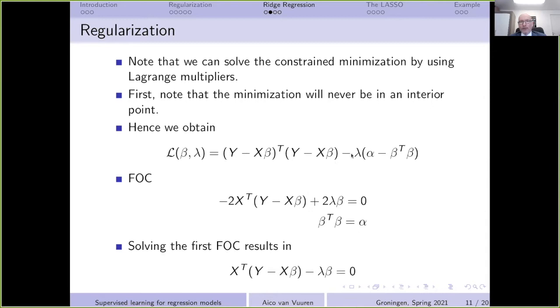But we still have to also take the first order derivative of this other part with respect to beta. Well, that will give me minus lambda multiplied by the first order derivative of beta transpose times beta. The first order derivative is equal to 2 times beta, of course.